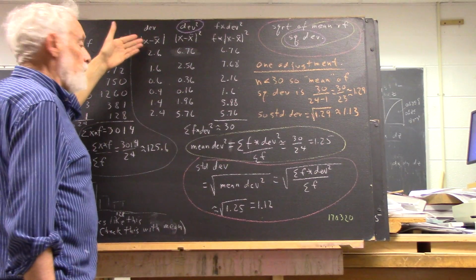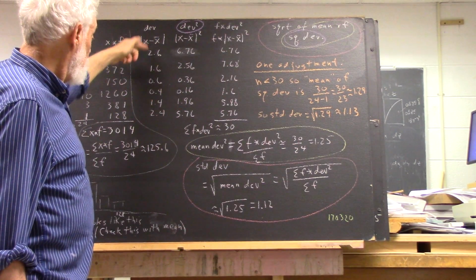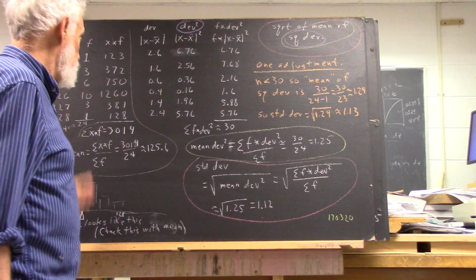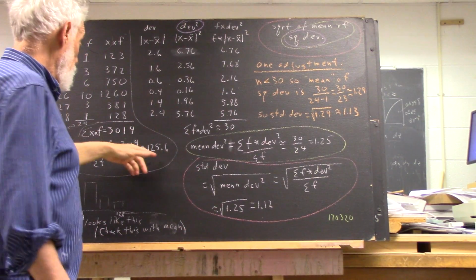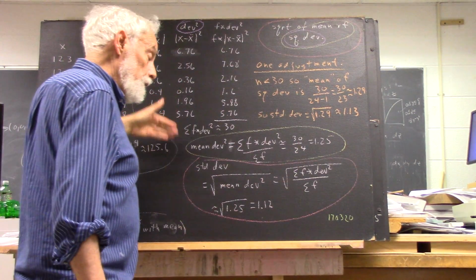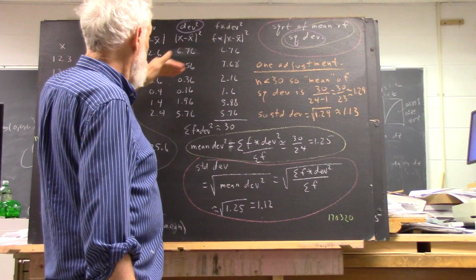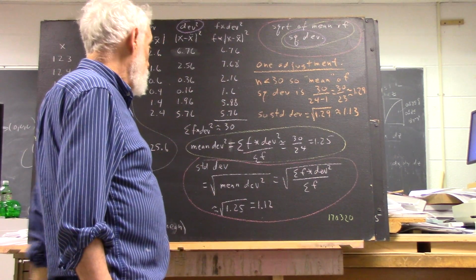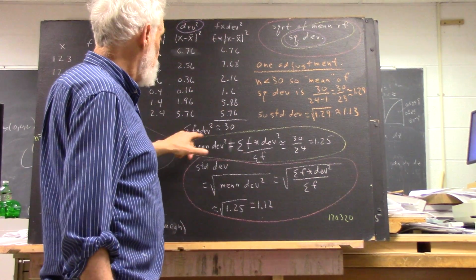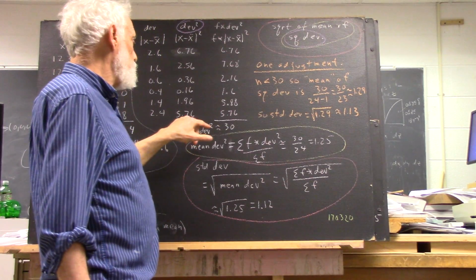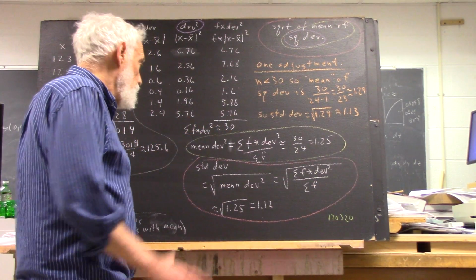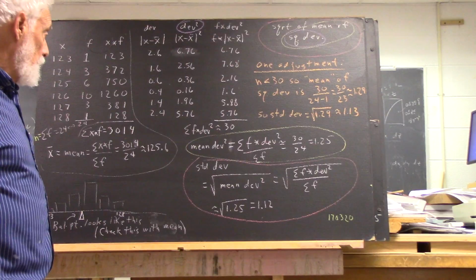So, calculating a standard deviation, we calculate all our deviations, which is just how far each x value is from the mean, the squared deviations, and then multiply each squared deviation by how many times it occurs, and then we add those up and we get the total of our frequency times squared deviation. In this case, that's about 30.